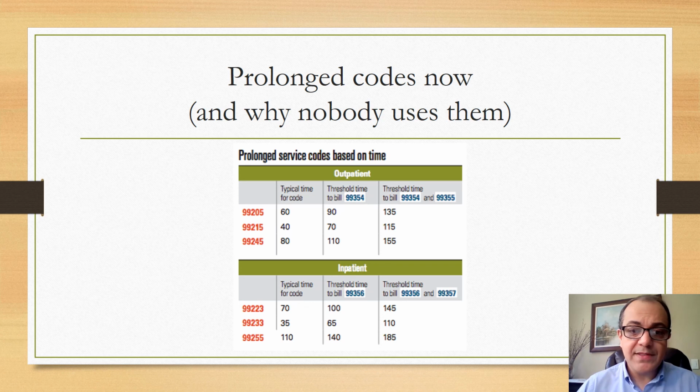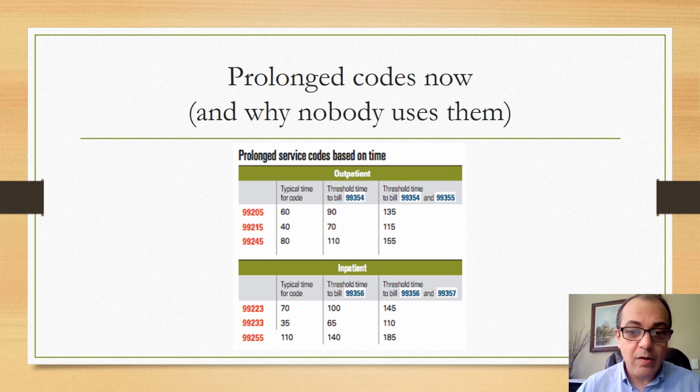The typical time is 60 minutes, but in order to get that prolonged visit code, you would have to exceed that by 30 more minutes. So if you spend 90 minutes with the patient, you would account for that by adding 99354. If you spend 135 minutes with a patient, then you can add 99354 and 99355.